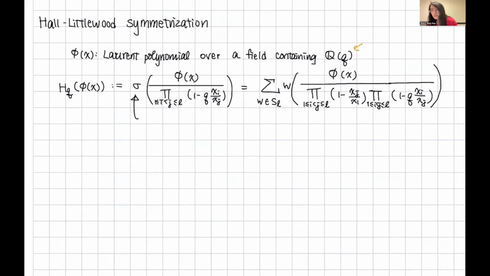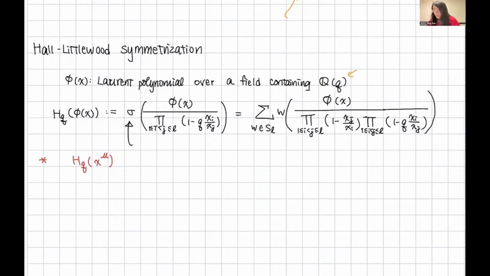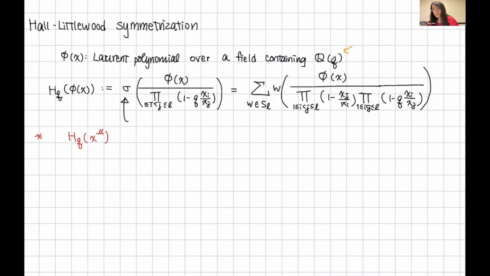Now, how do you create a Hall-Littlewood polynomial? Again, there are many versions of the Hall-Littlewood polynomial. This one is the dual case that I'm going to talk about. So as before, if you choose it to be x to some power, let me use mu so that I can say it in a better way later. So if you choose x^mu, unfortunately, this time you're going to get a series. And you will see what I mean.